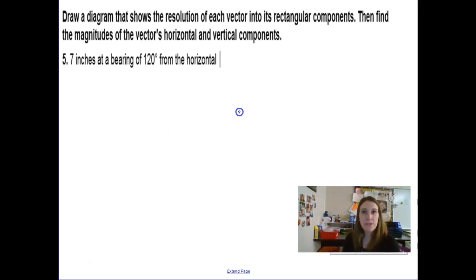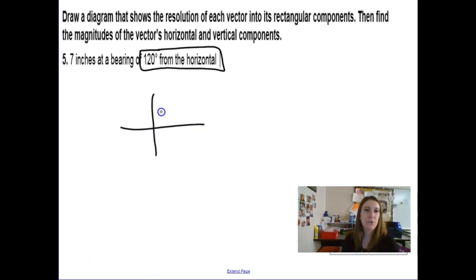So here, all they want me to do is draw it and then find the horizontal and vertical components. We got this. So 120 degrees from the horizontal means just like a trig problem, right? So from the horizontal, 120 degrees measures this way. So it's 7 inches is the magnitude, label and everything.